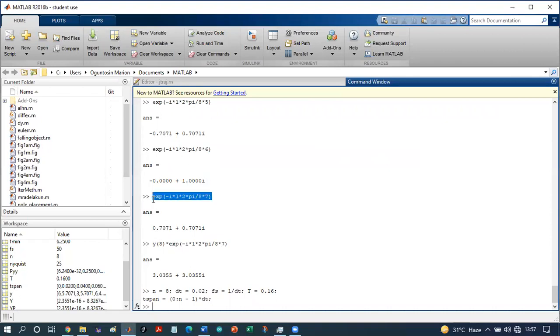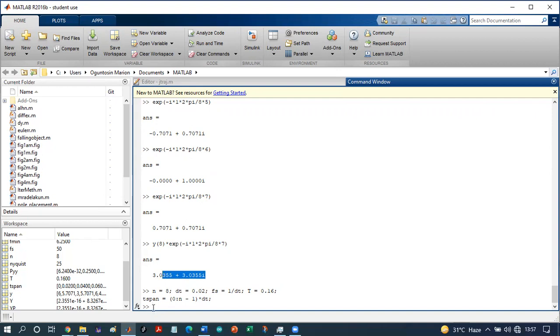I was trying to use Matlab to do the calculation of f of 6 multiplied by this. So this is how to do it in Matlab.